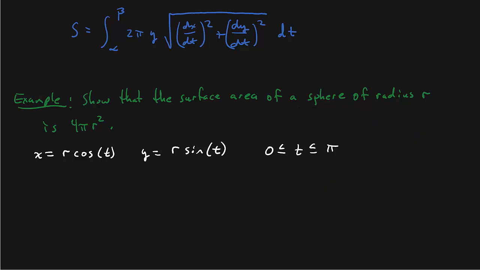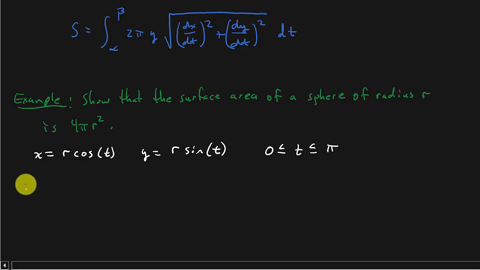So let's see what we need. We need dx/dt and dy/dt. So dx/dt is going to be negative r sine t, and dy/dt is r cosine t.